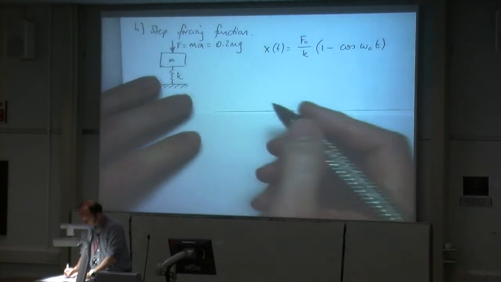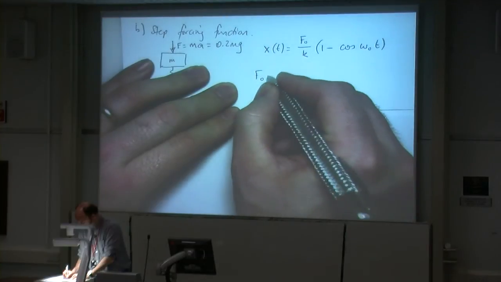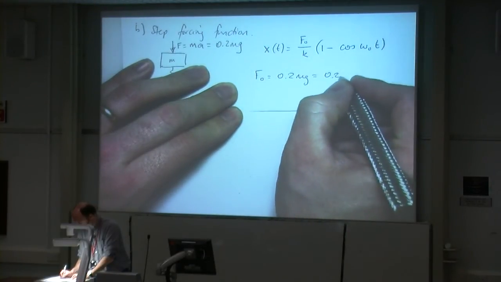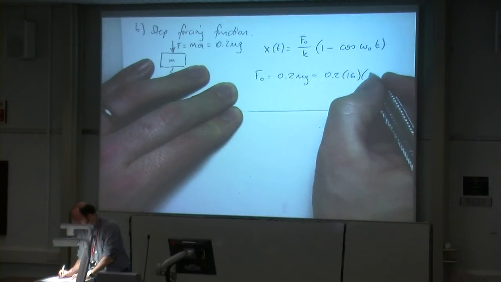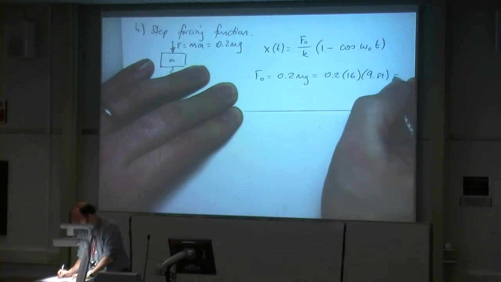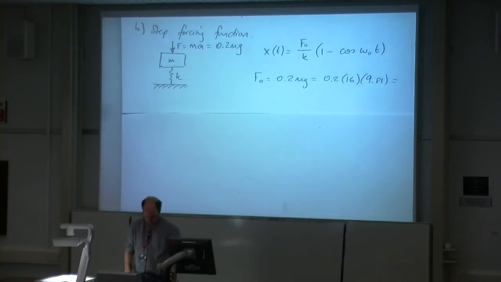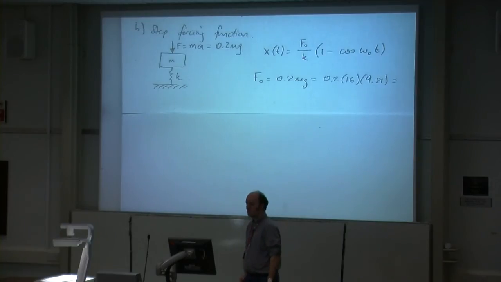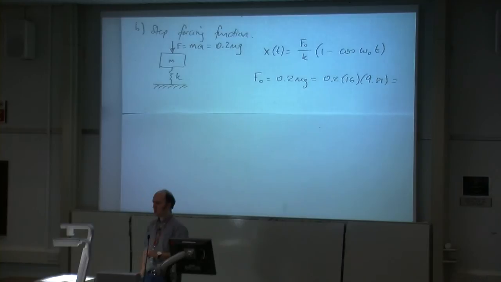Well, we can find out the various values. F naught is 0.2 mg, 0.2 times 16 times 9.81. We do the sums. This is in space, so why are we using g? Because the acceleration is given in the question, it says 0.2 g.